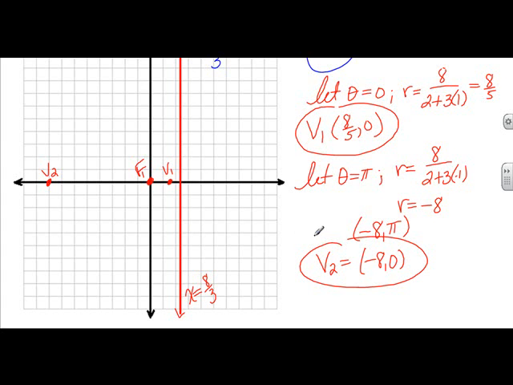If the polar coordinates are negative 8, pi, then rotate to pi to get here, and then we count 8 units in this direction. So 1, 2, 3, 4, 5, 6, 7, 8. This is our second vertex. So V2 is actually positive 8, 0. Now the center point is going to be exactly halfway between those two vertices.